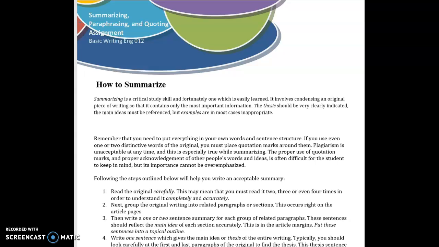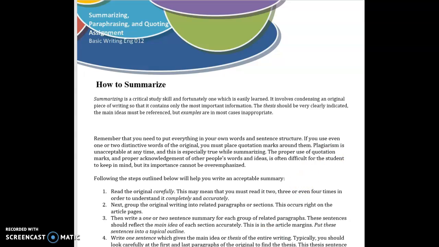Okay, so summarizing is a critical study skill, but it's one that you can learn if you follow these steps. It basically involves condensing an original piece of writing into its most important pieces. There should be a thesis, what the author's most important point is. The main ideas must be referenced, but the examples are in most cases inappropriate in a summary.